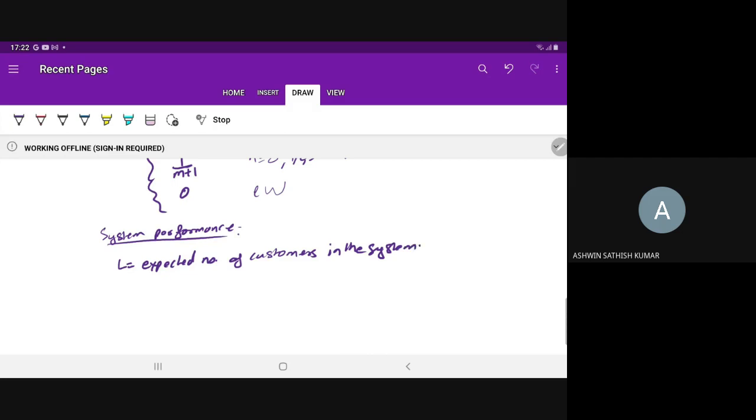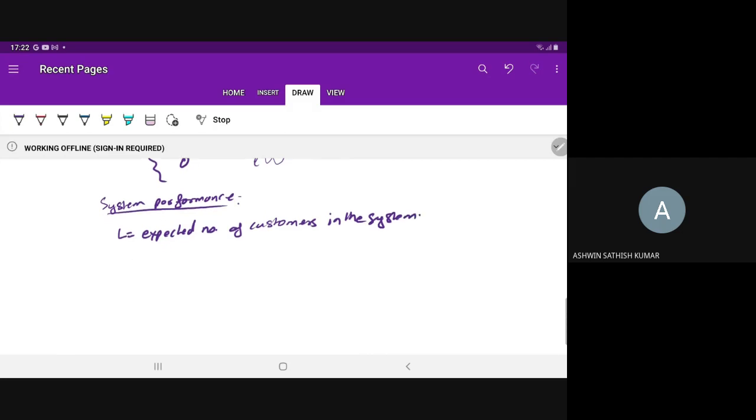We represent it as E(n), and E(n) is the summation of n into Pn for n is equal to 0 to infinity. But due to the finite capacity, we know that Pm plus 1, Pm plus 2 and so on are 0. So this will become n is equal to 0 to m of n Pn. And due to n is equal to 0, that term will be 0, so here n is equal to 1 to m of n Pn.